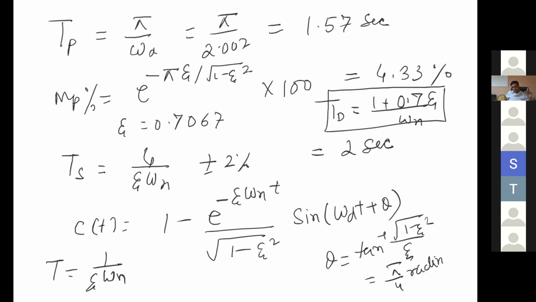Most of the time I found in the examination that people write 3 upon zeta into omega n. That is only true for 5%. If I didn't mention, then you have to calculate only for plus minus 2%. So if you calculate it for 5%, I'm not going to give you marks. Okay, so now I'm going to end this lecture.